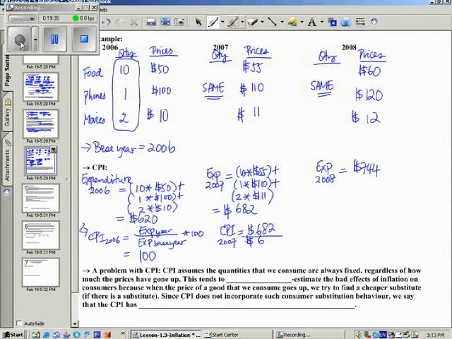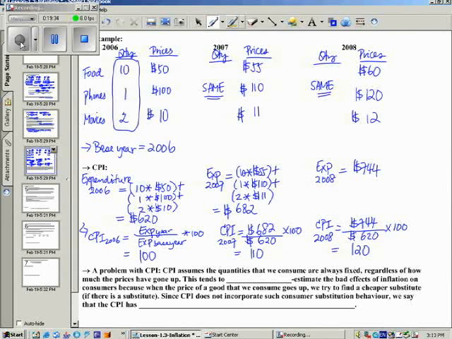Base year was 620 multiplied by 100. Therefore, this would give me 110. Same idea for 2008. I would have 744 divided by 620 times 100. This would give me 120.